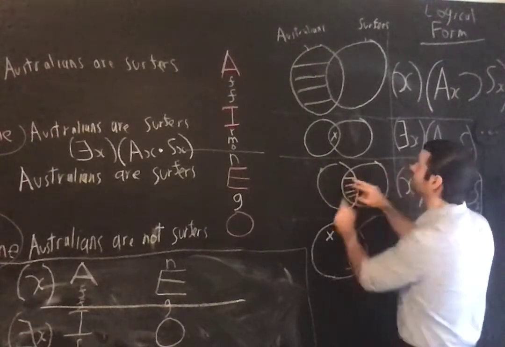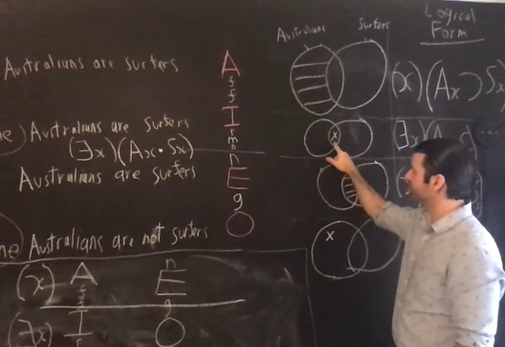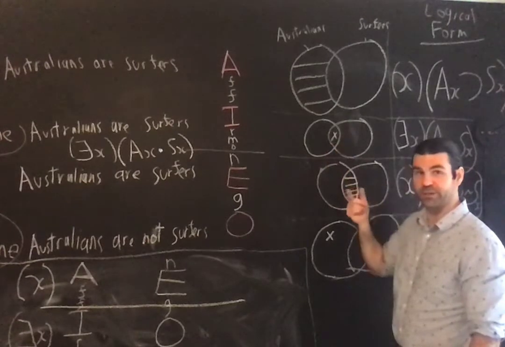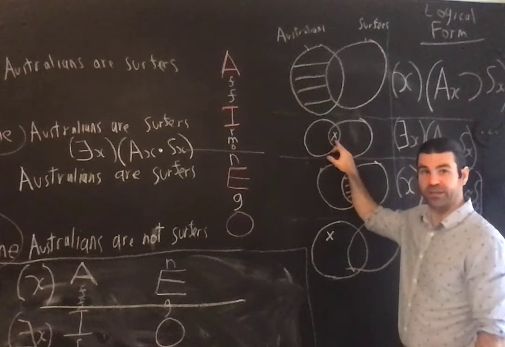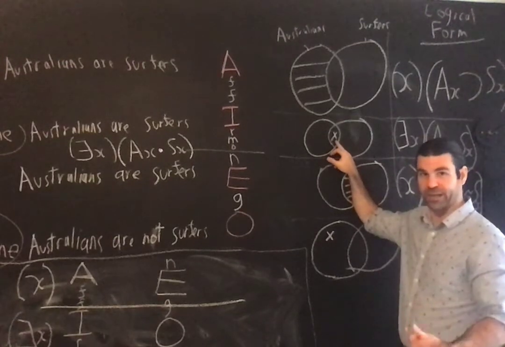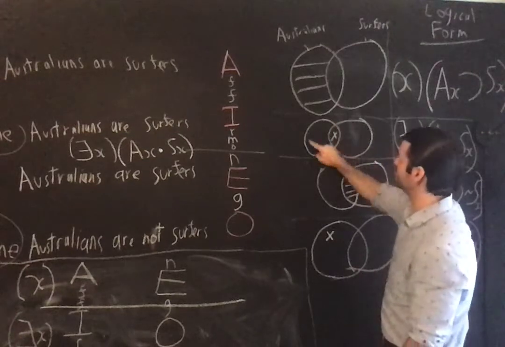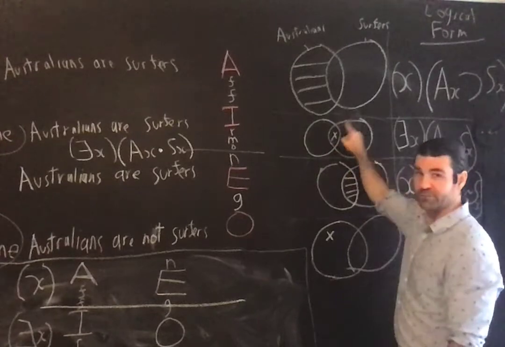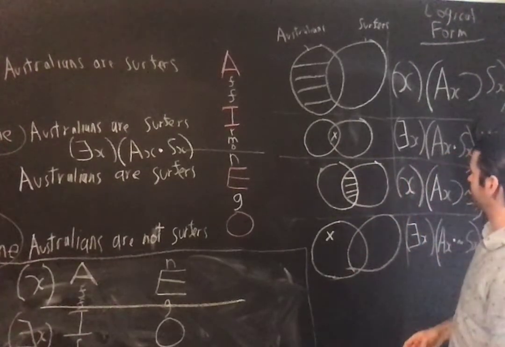The middle section is the class of things which are both Australian and surfers. If there is an individual in this middle section, that individual is both Australian and a surfer, because it is included in the set of Australians, and it's included in the set of surfers. And that's really all we care about.